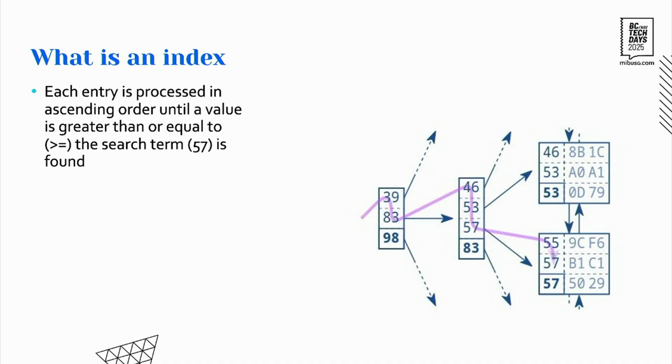And if that's the case, it will go one level deeper and continue until it finds the value it's looking for. Then on the right-hand side, next to the 57, on the lowest level, you see that B1, C1 thing. That's basically the reference to the main table to read the remaining data for that specific record, because an index does not contain that by default.